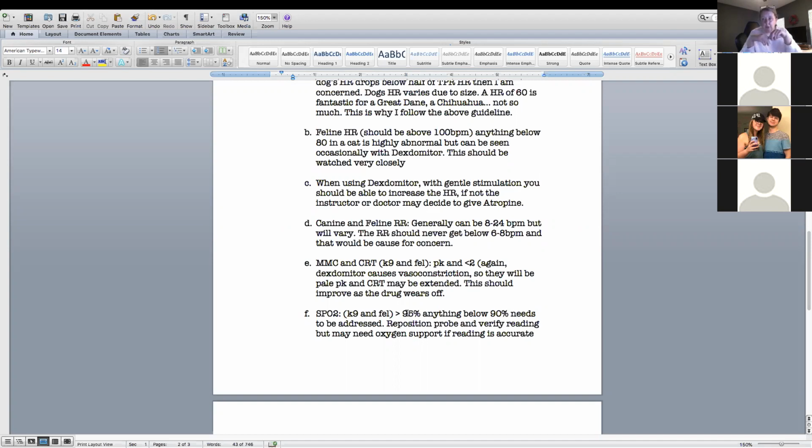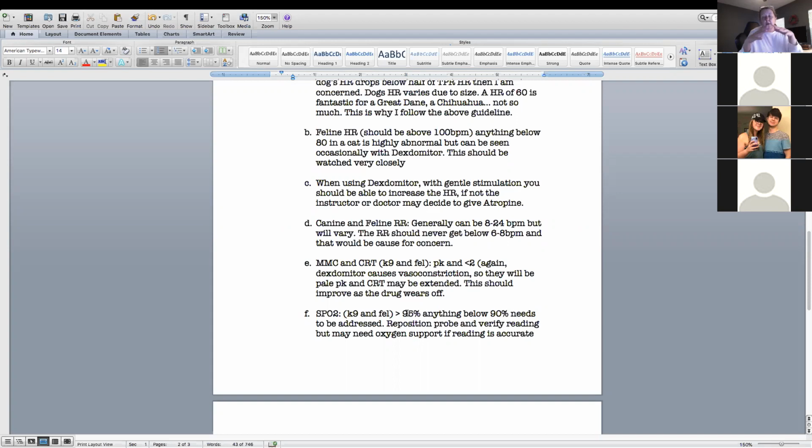What I usually do if I get a bad reading, I take it off, I rub the tongue, I moisten the tongue with some water, and sometimes I wipe the probe off with alcohol, because a lot of people put them on these tongues and they get a film, they don't clean them, and that impedes the light. There's a red light and it should shine from underneath the tongue.